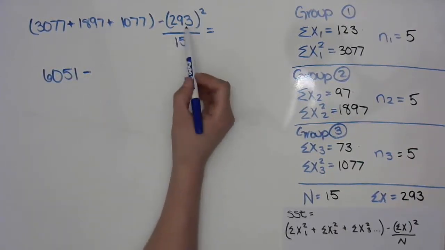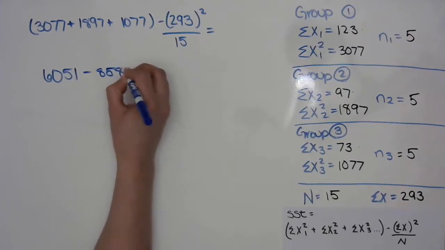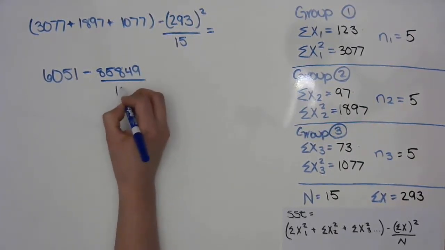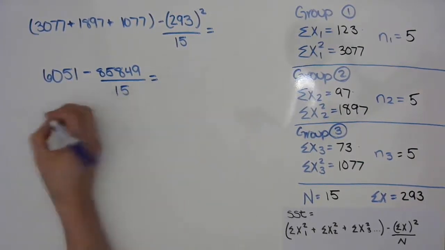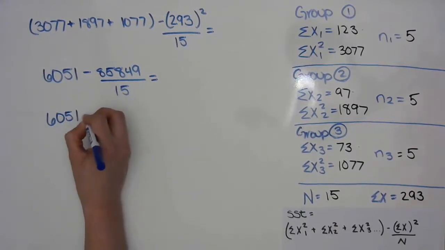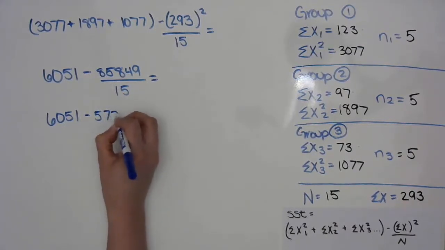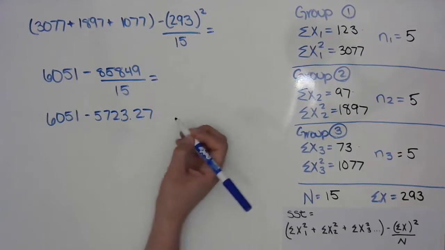Then when we square 293, that gives us 85,849, and we put that over 15. So let's divide that out. That gives us 6,051 minus 5723.27. Don't forget to round.